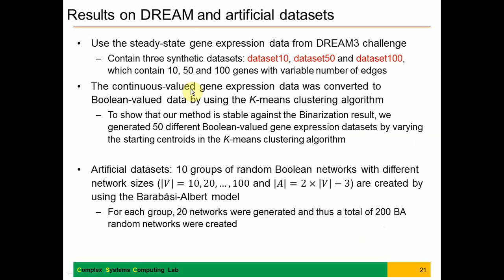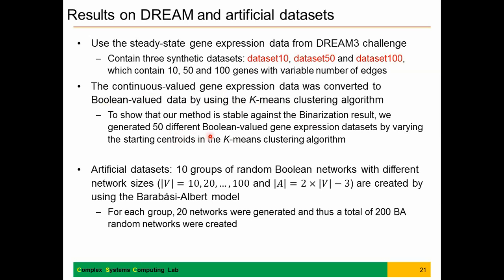About the results, we test on the gene activation dataset. The dataset here contains three synthetic datasets: 10, 50 and 100. They contain 10, 50 or 100 genes. And the continuous values will be converted to Boolean values by using the K-means algorithm.